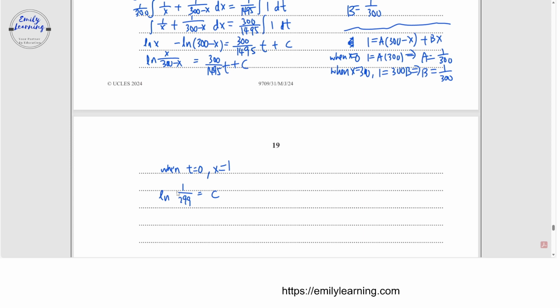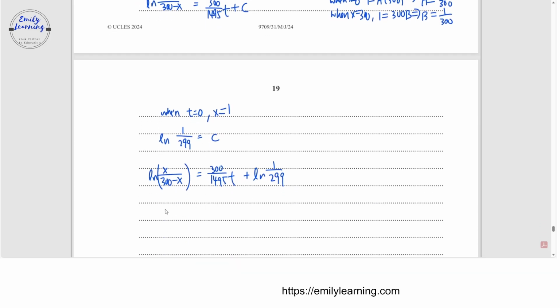Now that I found c, I can sub in c as ln of 1 over 299. So I have ln of x over 300 − x equals 300 over 1495 t plus ln of 1 over 299. Then I'm going to put all the lns together. So 300 over 1495 t equals ln of x over 300 − x minus ln of 1 over 299.